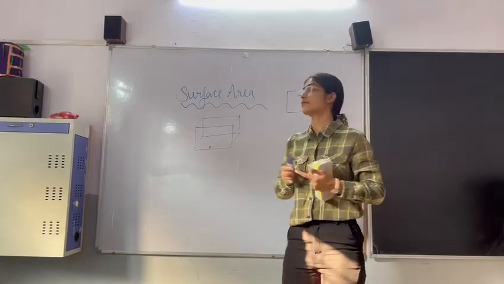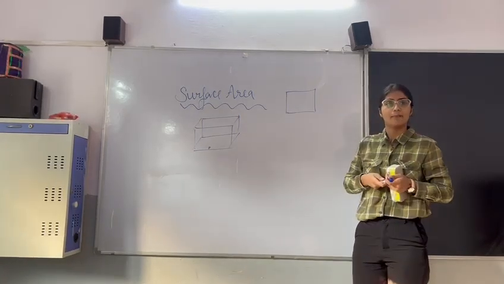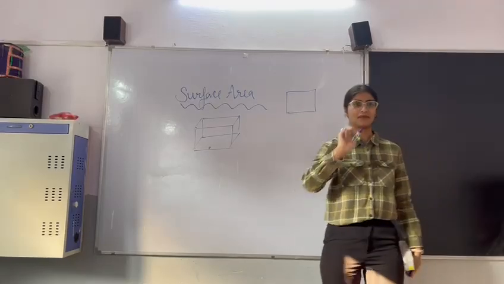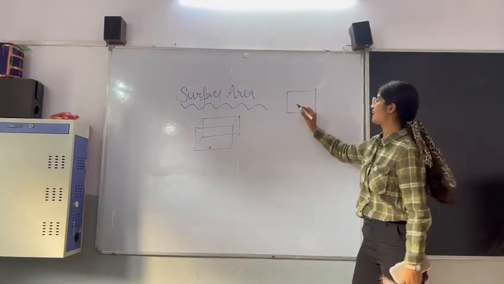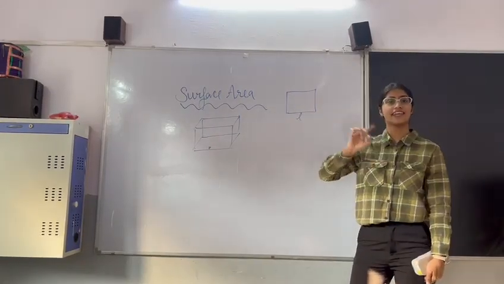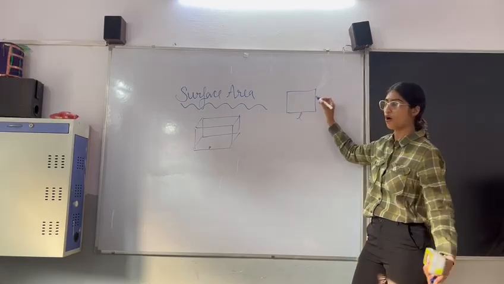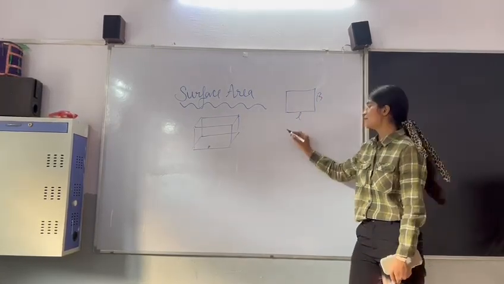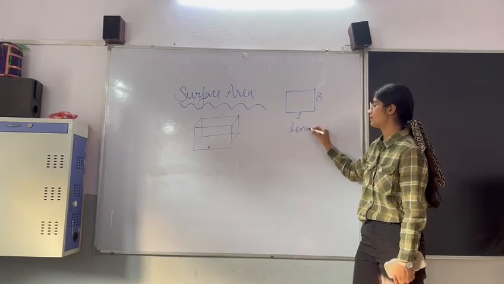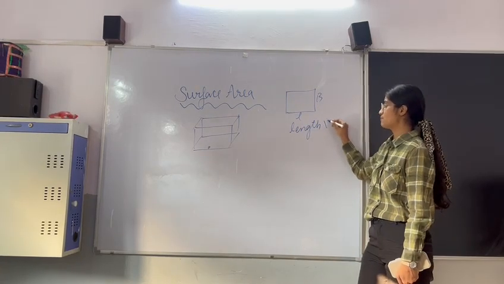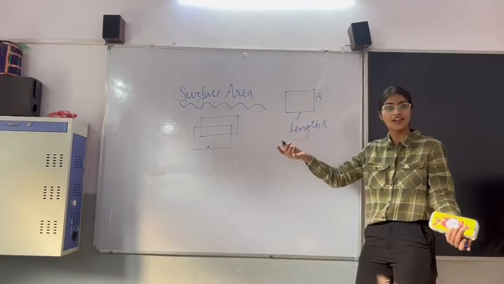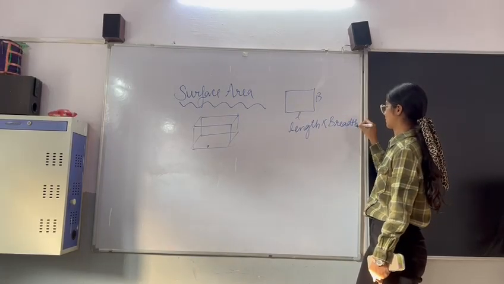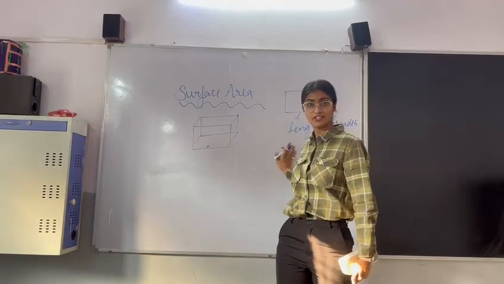Now, the 2D shape of rectangle has 2 dimensions. The first one is length and the second one is width, or we can say breadth as well. Now the area simply means length times width or breadth. I hope that this part is clear to you.